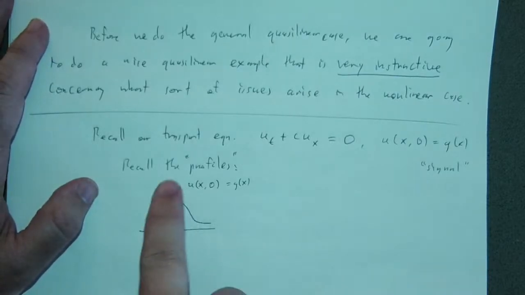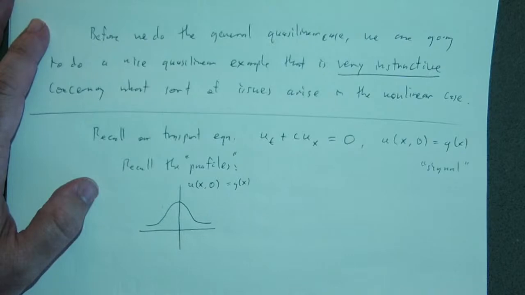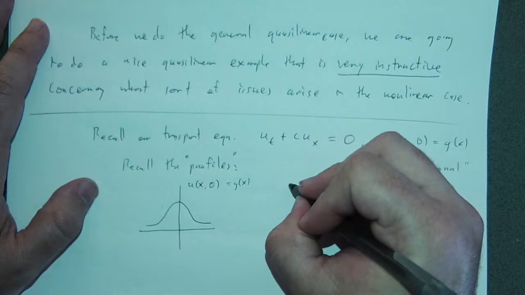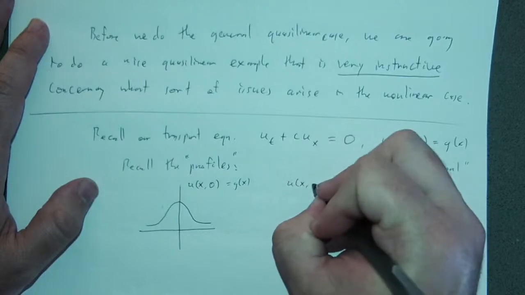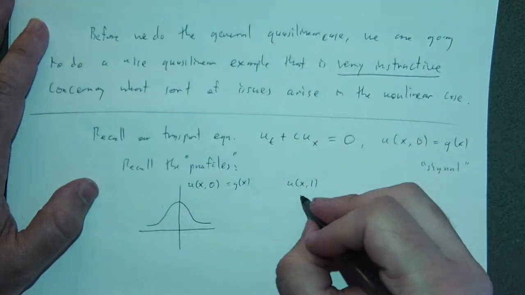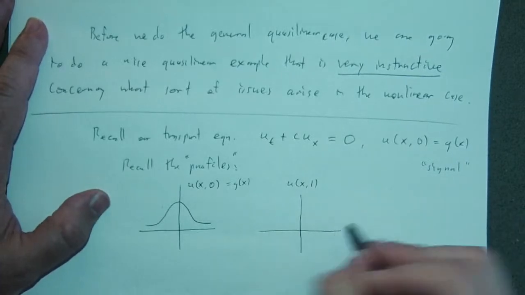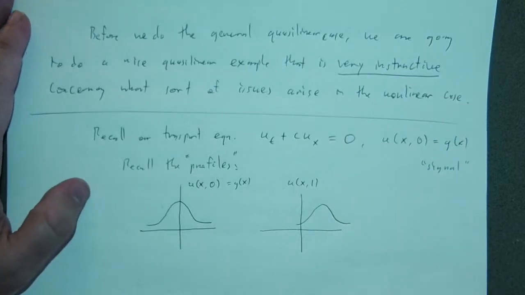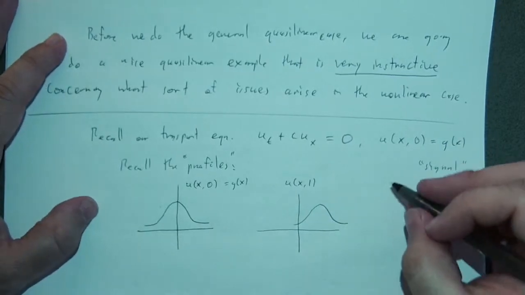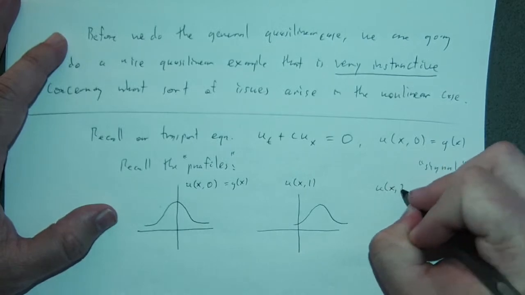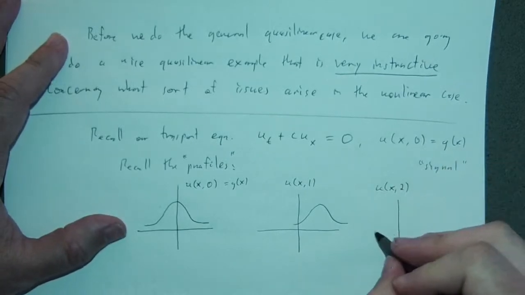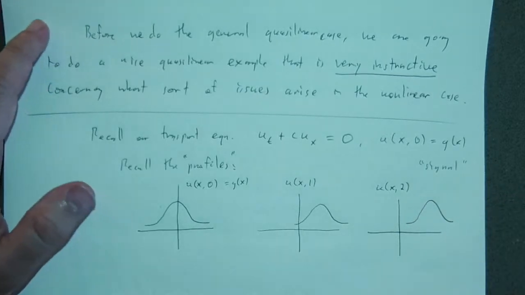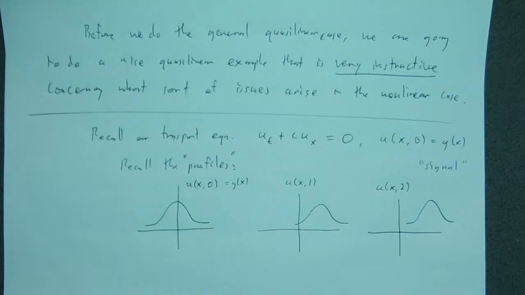Then what did we see about how this thing behaved for different t values? So what was the profile at t equals 1? This maybe looks something like that. And then at t equals 2, maybe it looks something like this. And so on.